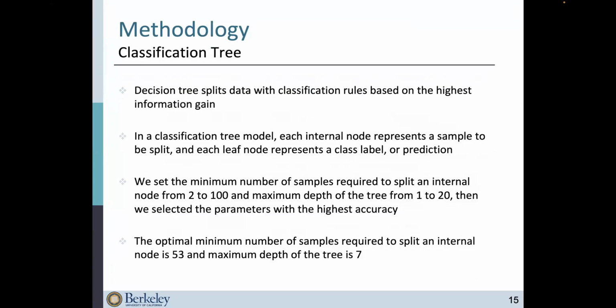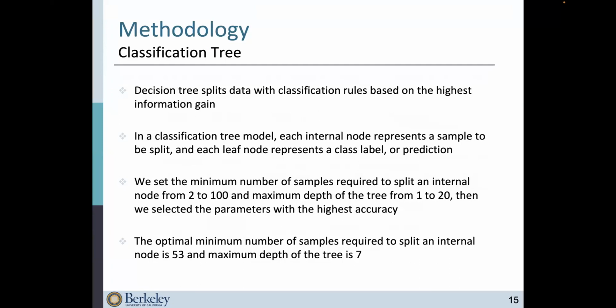And we use some methodologies. Actually, we first use linear regression and some basic models, for example, support vector machines as benchmark, and we then use a more complicated method, like the classification tree. It splits data with classification rules based on the highest information gain. In this model, each internal node represents a sample to be split, and each leaf node represents a class label, a prediction.